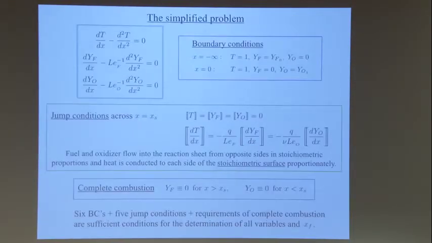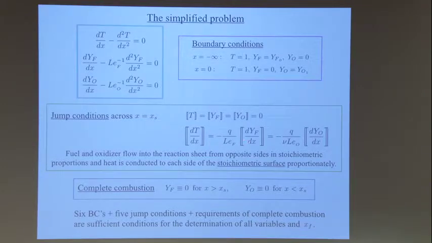Okay, so this is what the simplified problem will look like if you want to solve it for non-unity Lewis number. You solve this equation, the boundary conditions, the jump relations, and you add the 2 complementary conditions that either YF or YO is identically 0. Note that I now call the flame position XS. The S stands for stoichiometry. In other words, this is known as the stoichiometric surface.